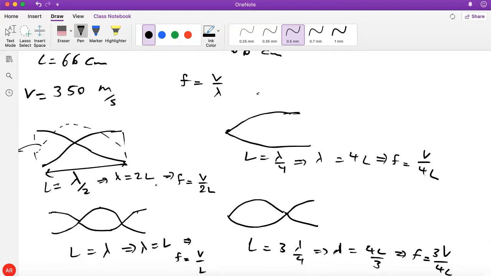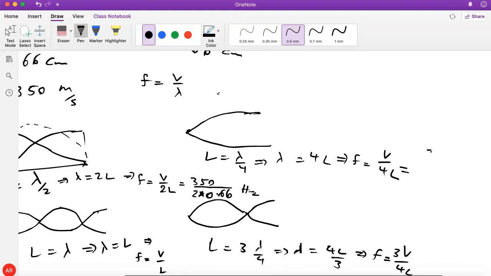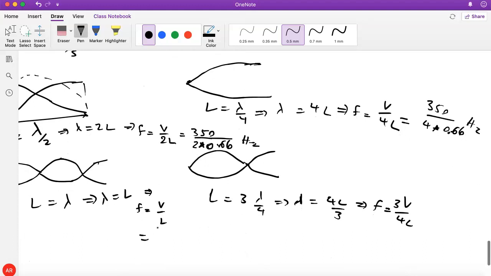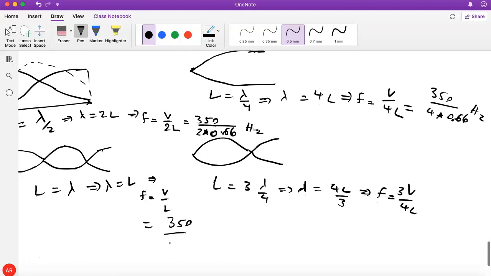So 350 over 2 times, let's say, 0.66, and that's in hertz. So whatever that number is. Similarly here, this becomes 350 over 4 times 0.66. That's in hertz. This is 350 over 0.66.